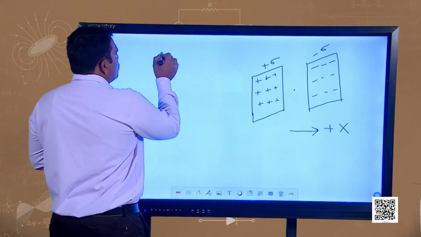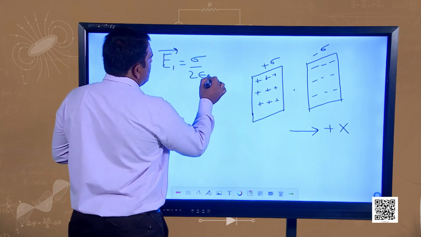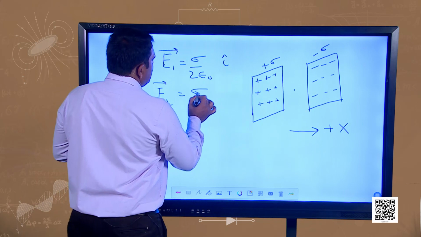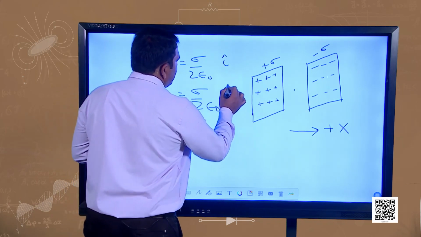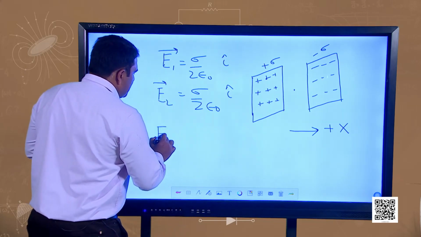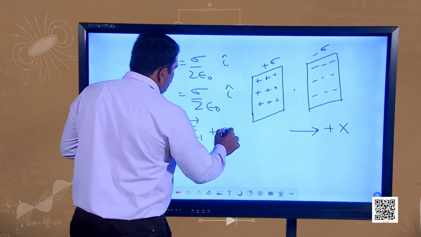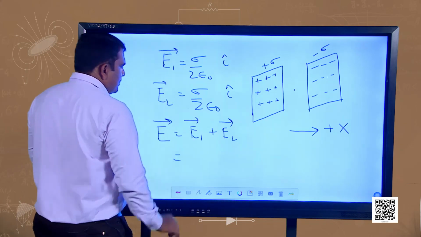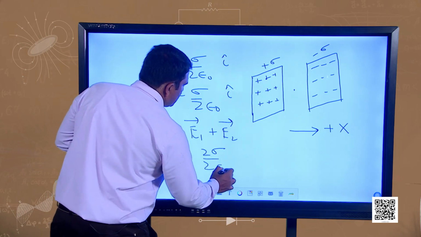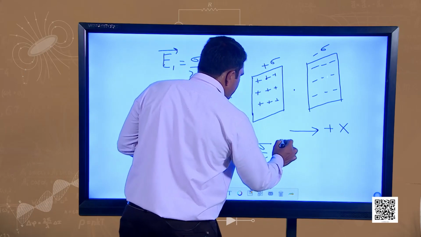So, electric field due to sheet 1 in vector form will be sigma by 2 epsilon naught i cap, and electric field due to sheet 2 will also be sigma by 2 epsilon naught i cap. So, according to superposition principle, the net electric field will be the vector sum of electric field due to two sheets, and it will become 2 sigma by 2 epsilon naught i cap, that is sigma by epsilon naught i cap.